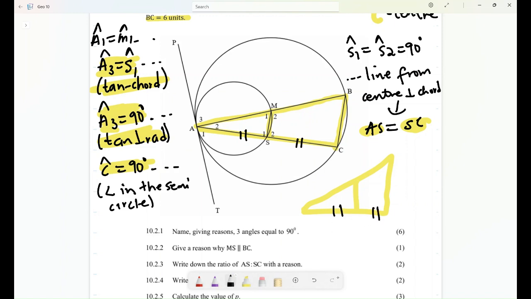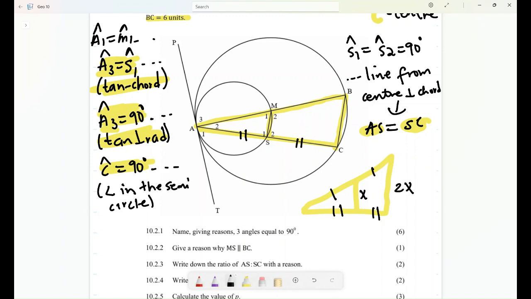But there is this theorem that you learned that says if these two lines are equal, therefore this line is equal to that line. And if that's the case, this line is half of this line here.